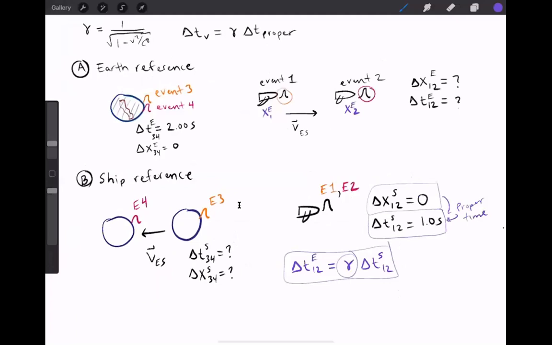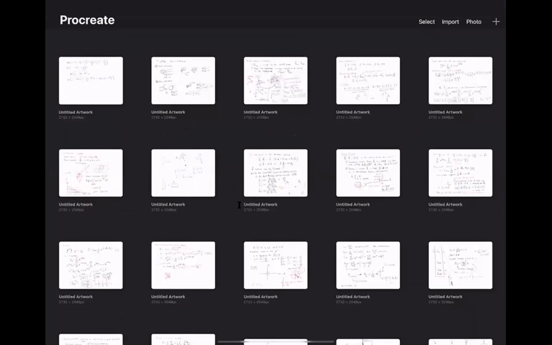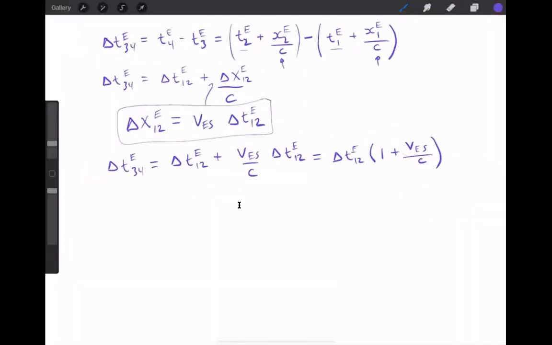So I know that the Earth frame of reference interval between 1 and 2 and the spaceship frame of reference are related by gamma. So I'm going to use that equation over here.